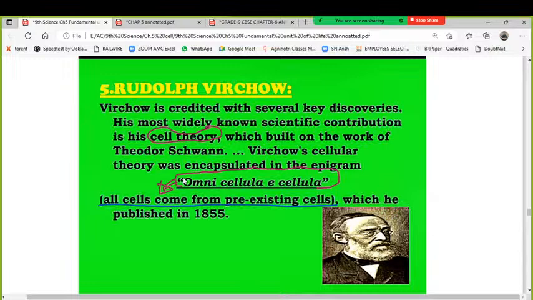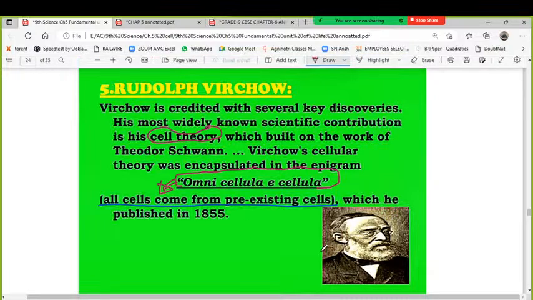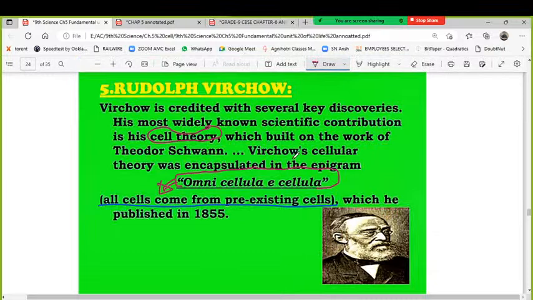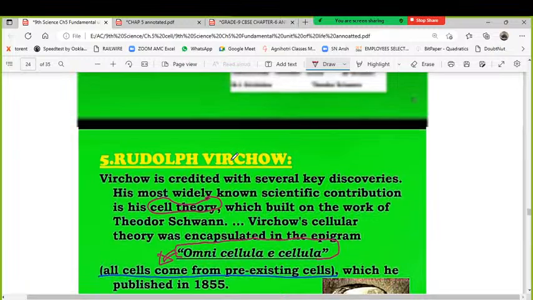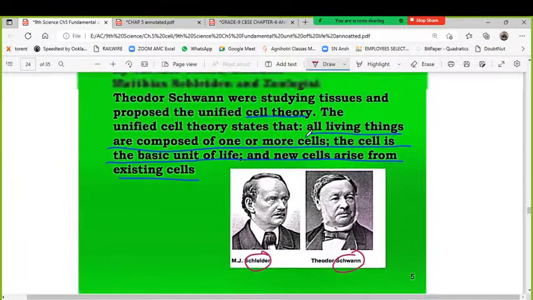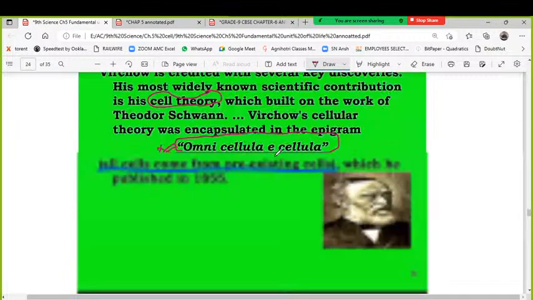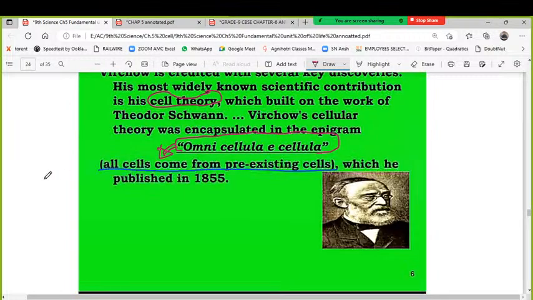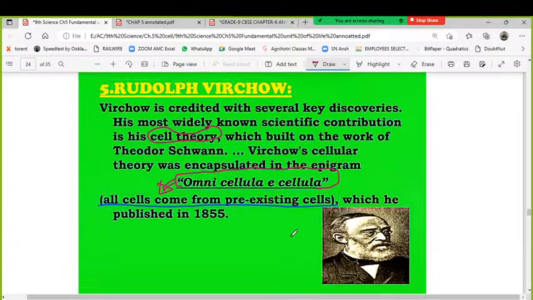This statement was actually published by this scientist Virchow. He is also famous for explaining cell theory. Okay, the first cell theory was given by Schleiden and Schwann, and then the second theory in 1855 was given by Virchow.